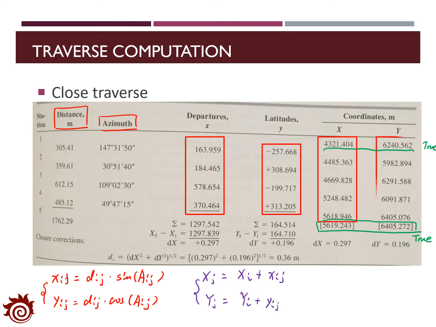Then we can estimate the coordinates for point 2, 3, 4, and even 5. At the next step, we will try to identify the closure error.